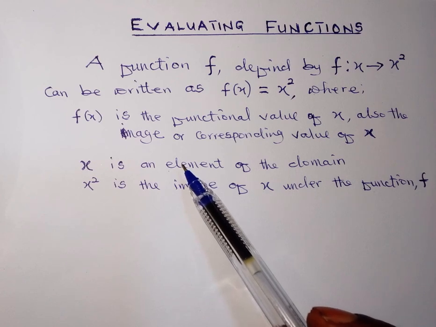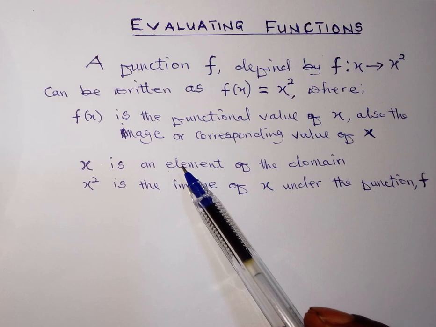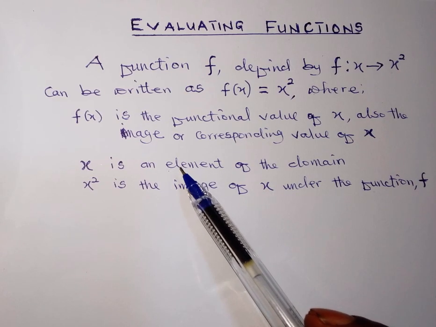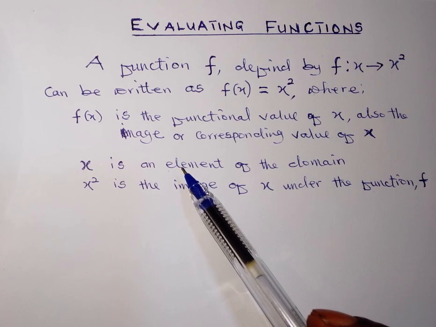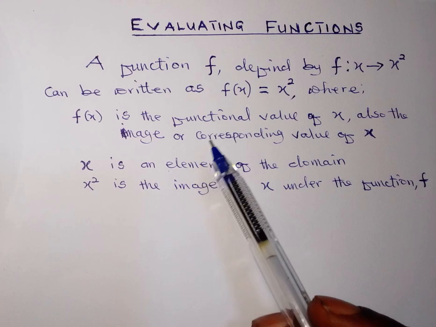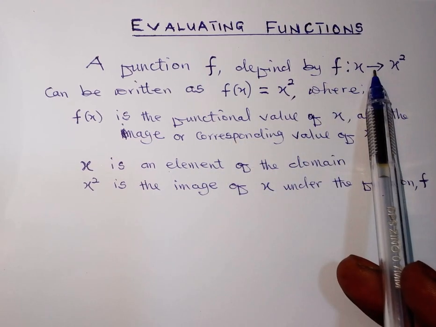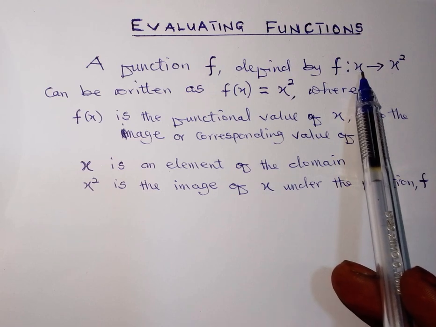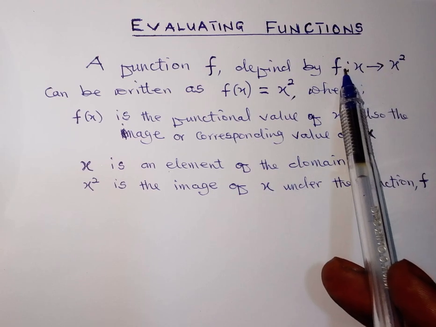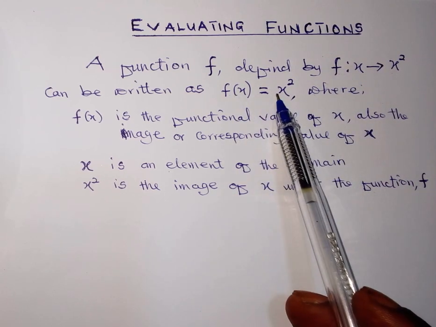We have a function f defined by f such that x maps onto x squared, which can be written as f at x, or f of x, is equal to x squared. So in a question, when you are given this notation, to evaluate a given function, you can write it in an equation form.